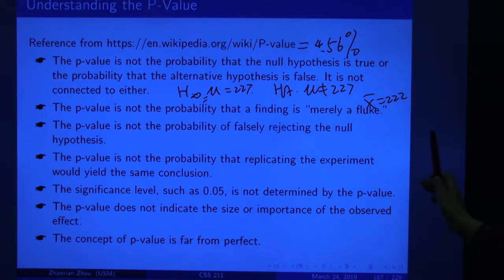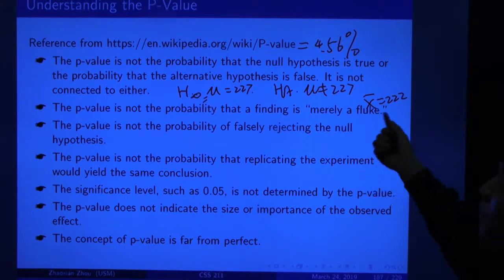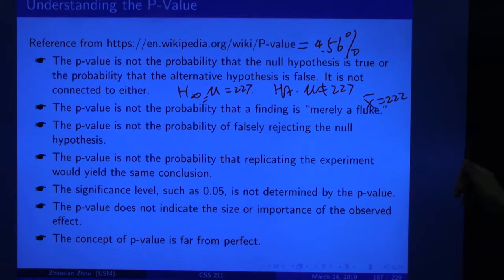That one is not true, because this sample is definitely correct, because it is a fact. You randomly choose 4 boxes, you measure them, you calculate, and that equals 222. That is a fact. It's not a mistake. We cannot say there is a 4.5% chance that it is a mistake.